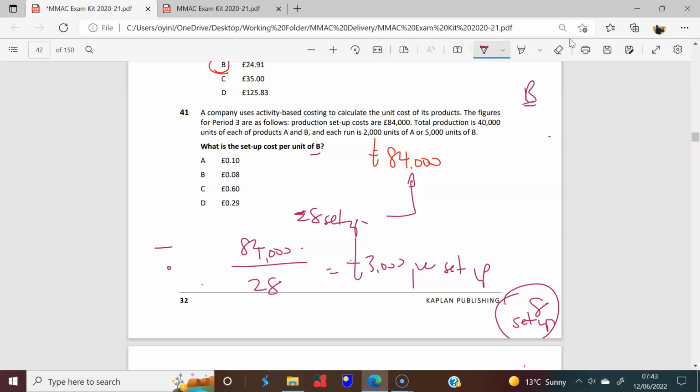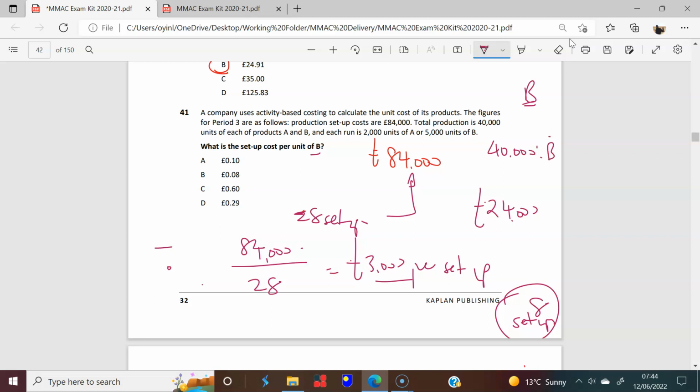So the total share of this 84,000 would be 3,000 times 8, which is 24,000 pounds, covering the total number of units for B. So you had 24,000 pounds as the share of this setup, and you made 40,000 units of B.